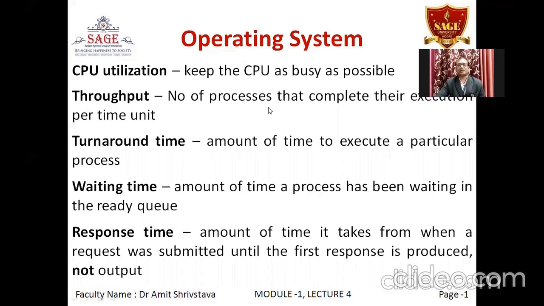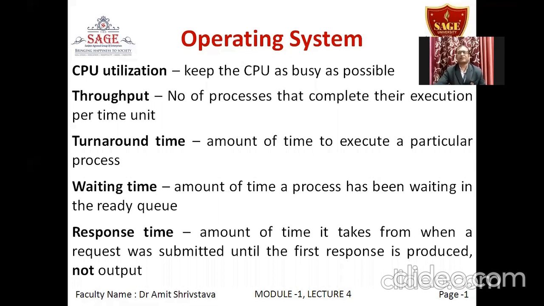Throughput is the number of processes that complete their execution per unit time interval. Let us say I have got 100 processes in one system, and that system completes 5 processes every 1 minute. The second system also has 100 processes, but it completes 10 processes per minute.